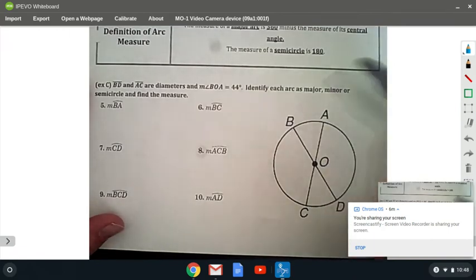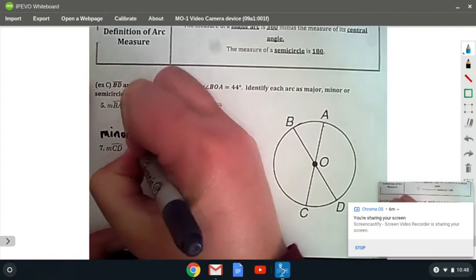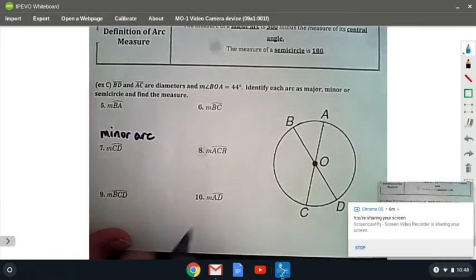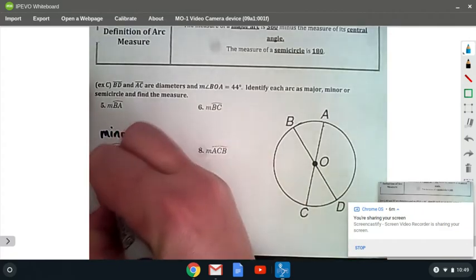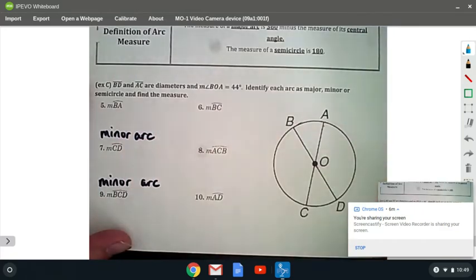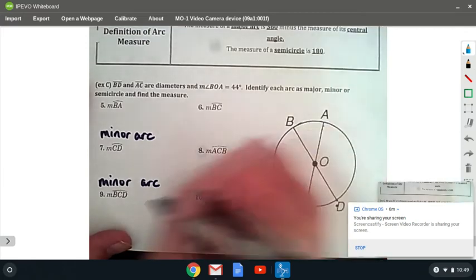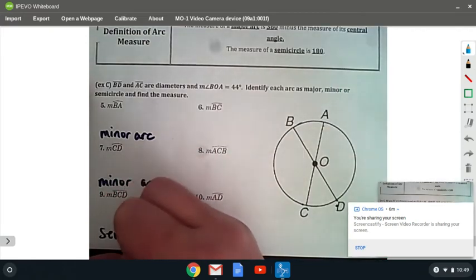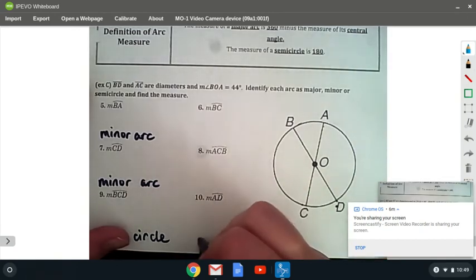So first, BA, it's 2 letters. It's not a semicircle, so this is a minor arc. CD, once again, 2 letters, not a semicircle. That's a minor arc. BCD, that is a semicircle. If that's a diameter, that's half the circle. AD, once again, is not a semicircle.